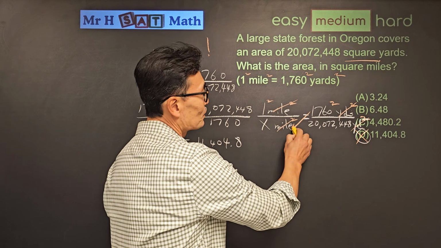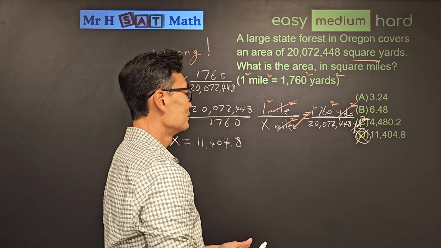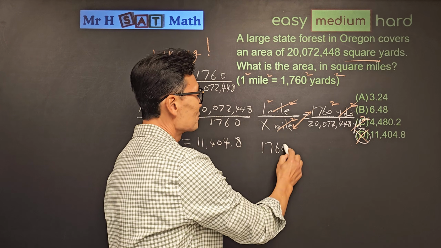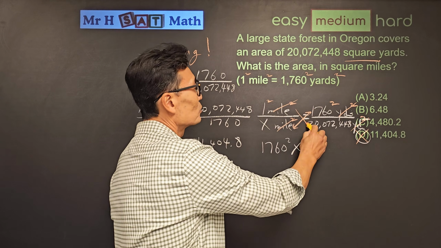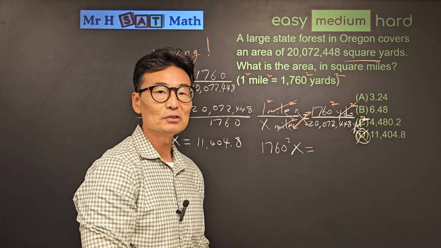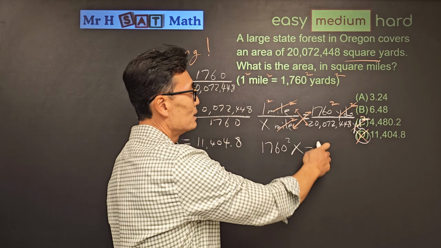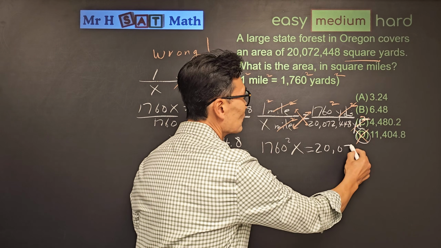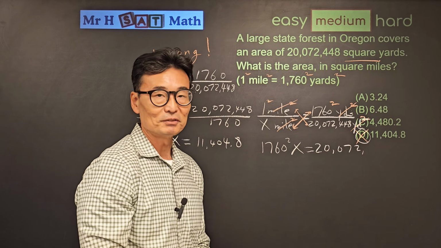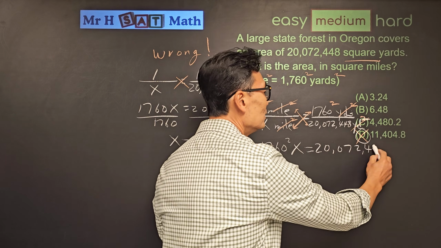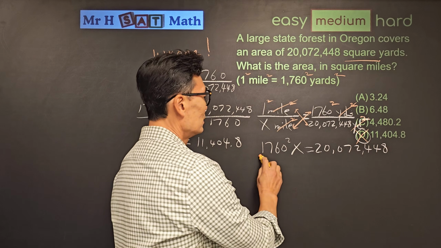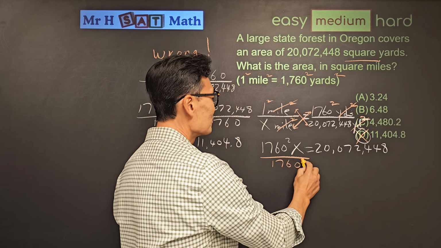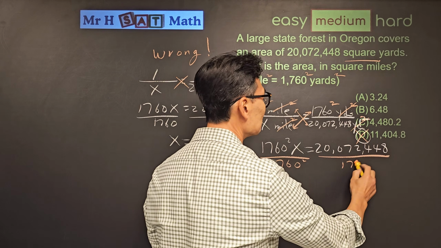We're going to cross multiply like this, which will give us 1760 square x. And then we'll go ahead and multiply like this also, where it's going to be 1 times 20,072,448. Let's go ahead and divide it by 1760 square.